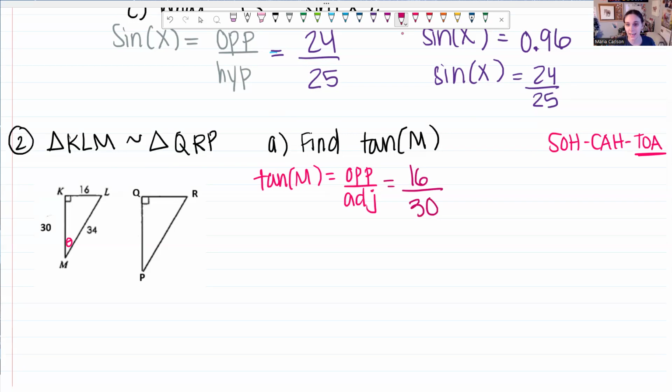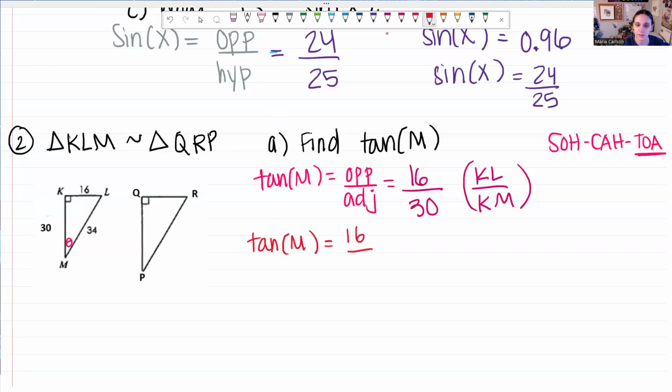Note that's really KL over KM, opposite over the adjacent. Now that fraction I know will simplify. Tangent of M is equal to 16 over 30. Both the numerator and denominator are divisible by 2, so I'm going to divide both by 2. 16 divided by 2 is 8, and 30 divided by 2 is 15. So the tangent of M is 8 over 15.